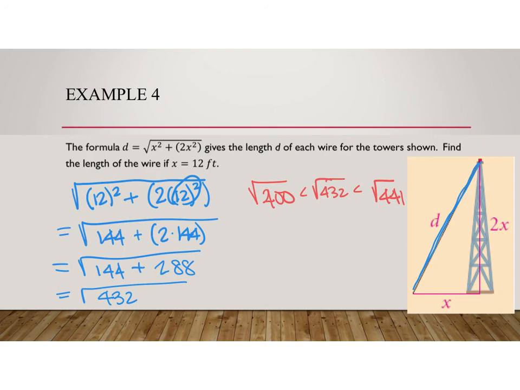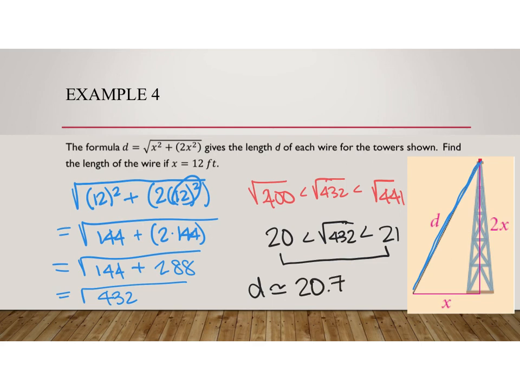The square root of 400 is actually 20, and the square root of 441 is 21. So I know that my distance is somewhere in between 20 and 21 feet. And if I do take the square root of 432, we're going to find that D is approximately equal to 20.78 feet. Please let me know if you have any questions. Otherwise, I will see you guys in class.